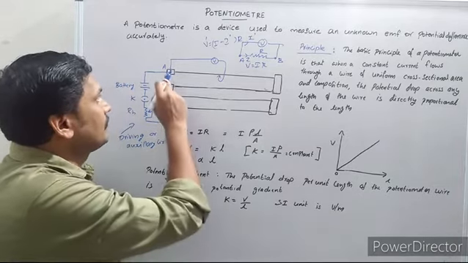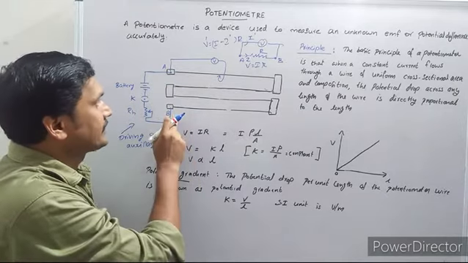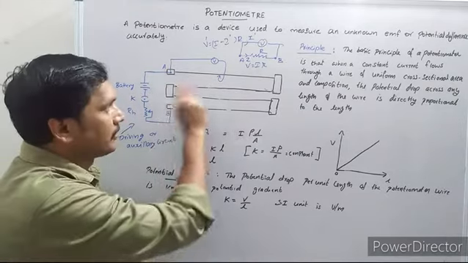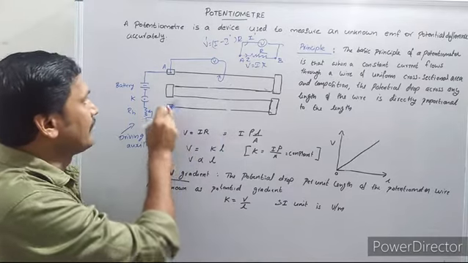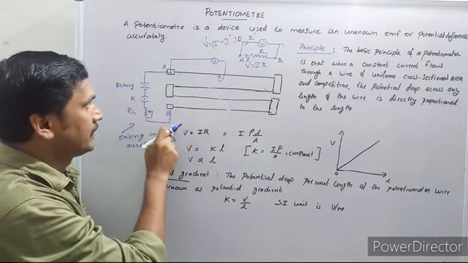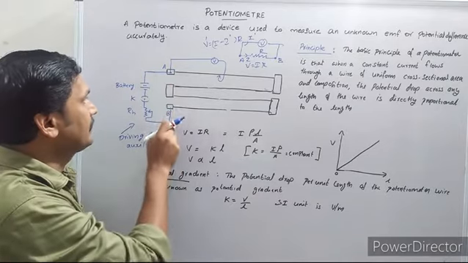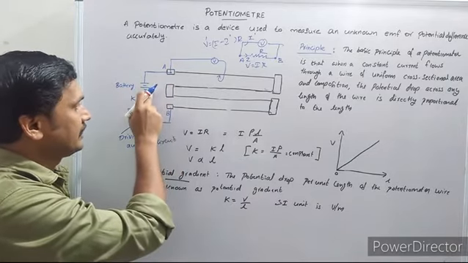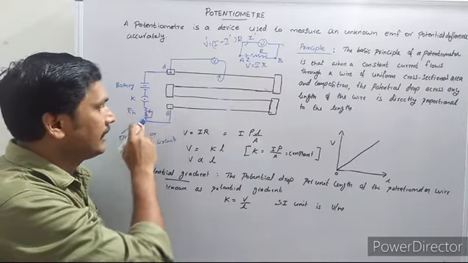From the points A and B, the ends of the potentiometer wire, we connect a battery, a one-way key and a rheostat.